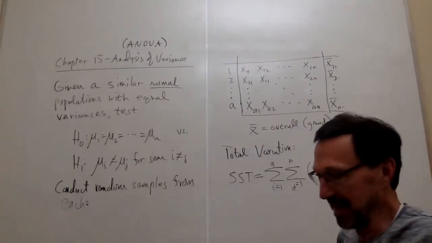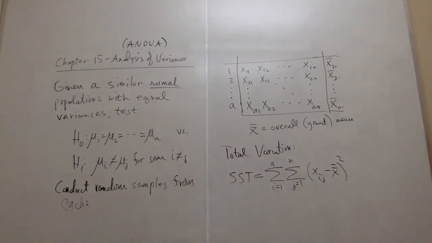We also need to assume that these normal populations have equal variances. And we learned earlier how to test if that's true or not. So if we weren't sure, we could run the test from chapter 13, maybe, to see if it's reasonably okay to assume that the variances are equal.